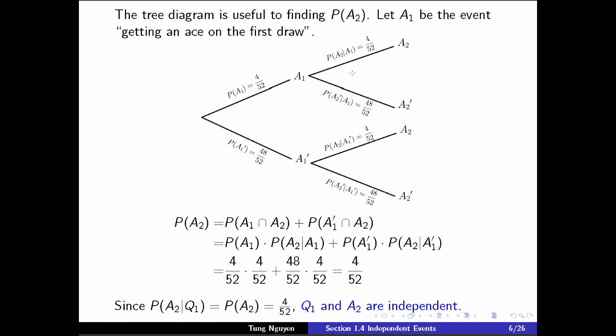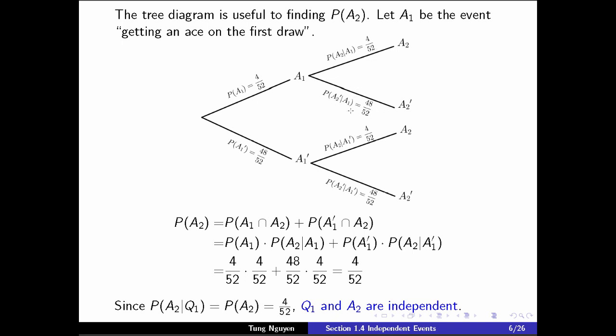Now on the second draw, we remember we replace the ace we draw. If we start from here, that means the first draw was an ace. So if we replace the ace back, we still have a full 4 aces in a full deck. So the probability of A2 given A1 is still 4 over 52.